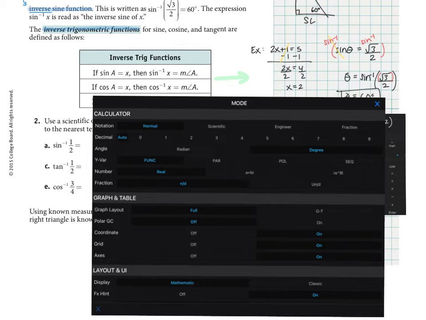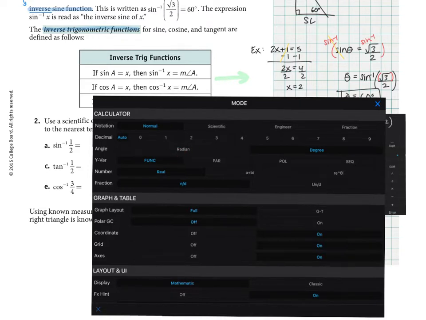What you want to make sure of is that, looking at the angle part, it's not in radians, that we are looking at degrees. If your calculator isn't in degrees, that's probably why it might be erroring right now if you were trying to type in what we did before. So make sure it's in degrees. Next year, when we do a little bit more trig, we'll talk about radians. It's just another way of measurement.